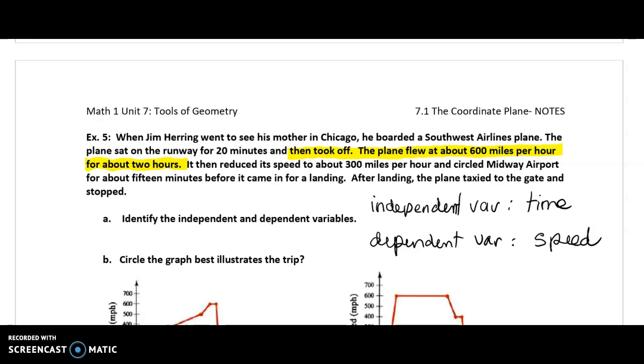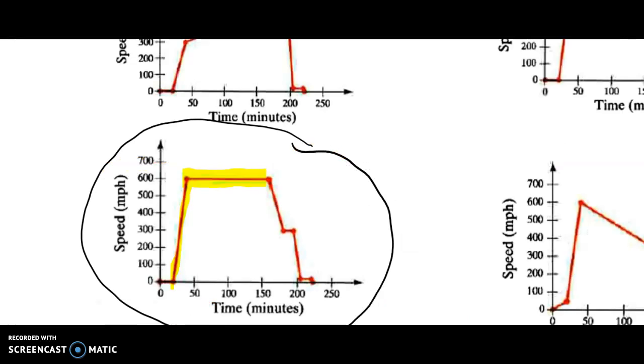After sitting on the runway for 20 minutes, the plane finally took off and flew at about 600 miles per hour for about 2 hours. And here's that section of the graph where the plane took off, and then for 2 hours it was going at 600 miles per hour.